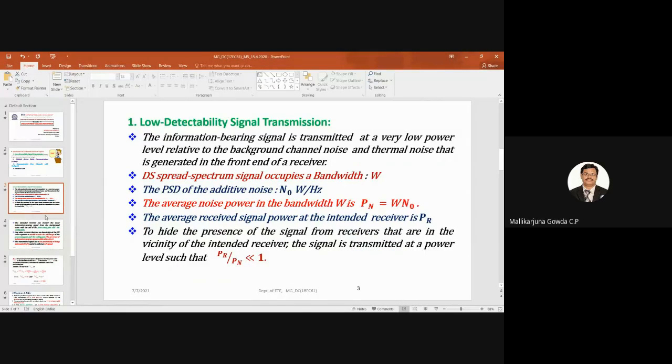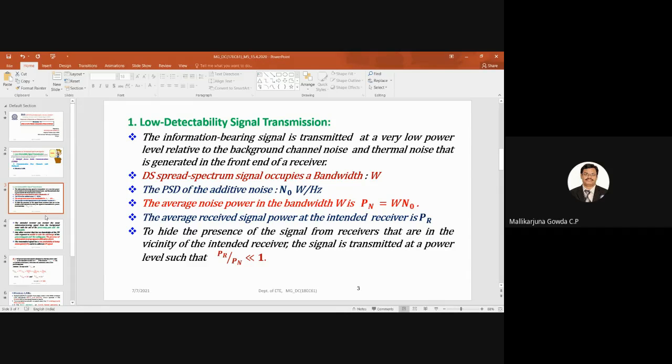Only the intended receiver or user will have the knowledge of the pseudo noise code. With that, he will be able to take the advantage of processing gain and coding gain to detect the low power signal in the vicinity of other unintended users also.